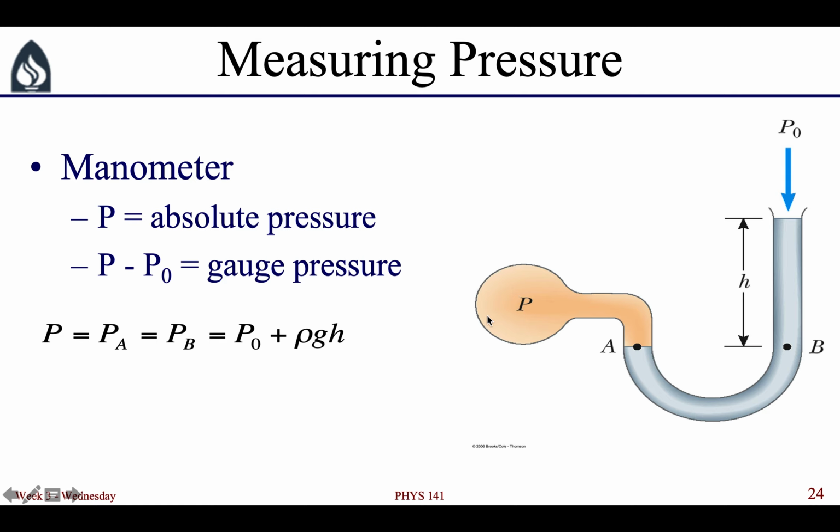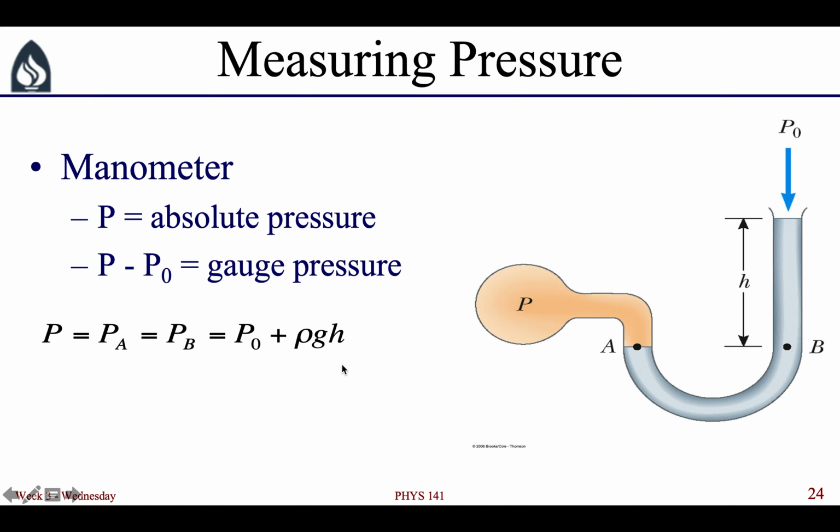So the key to finding the pressure is that this bulb of gas is connected to a tube that is filled with some liquid. Often that liquid is mercury, because mercury is nice and stable and it won't evaporate on us.